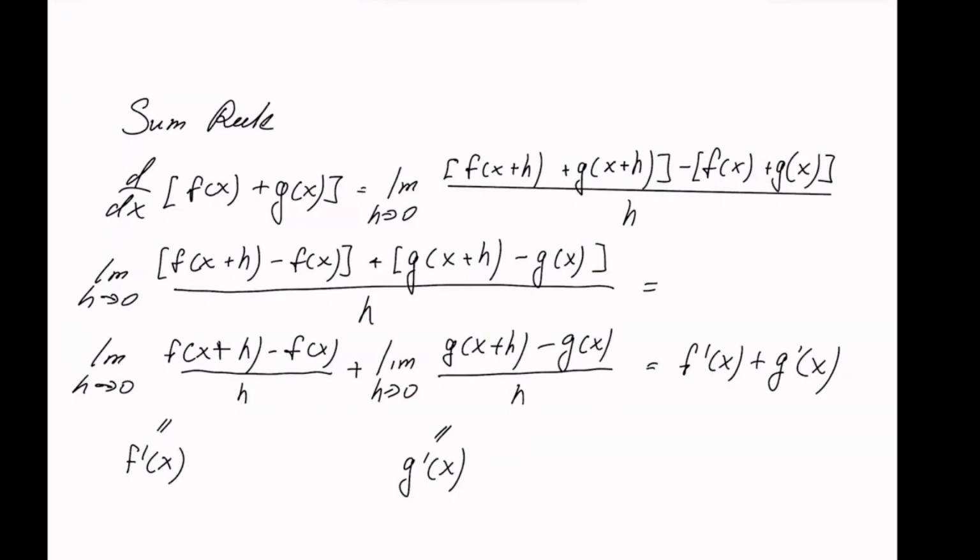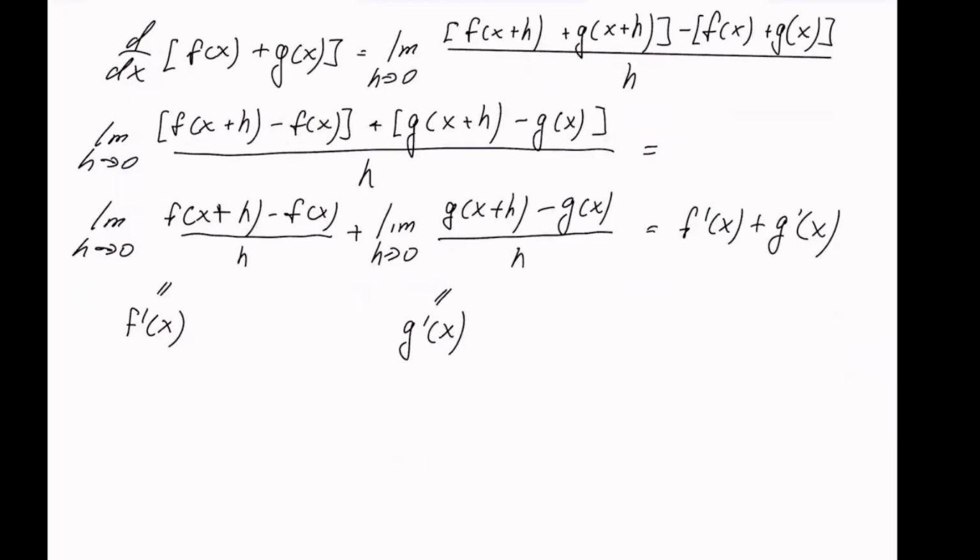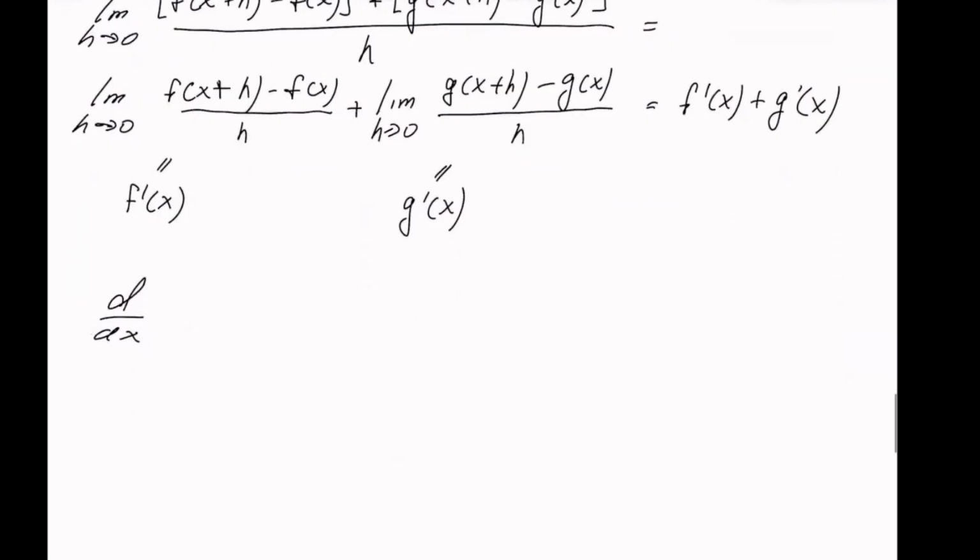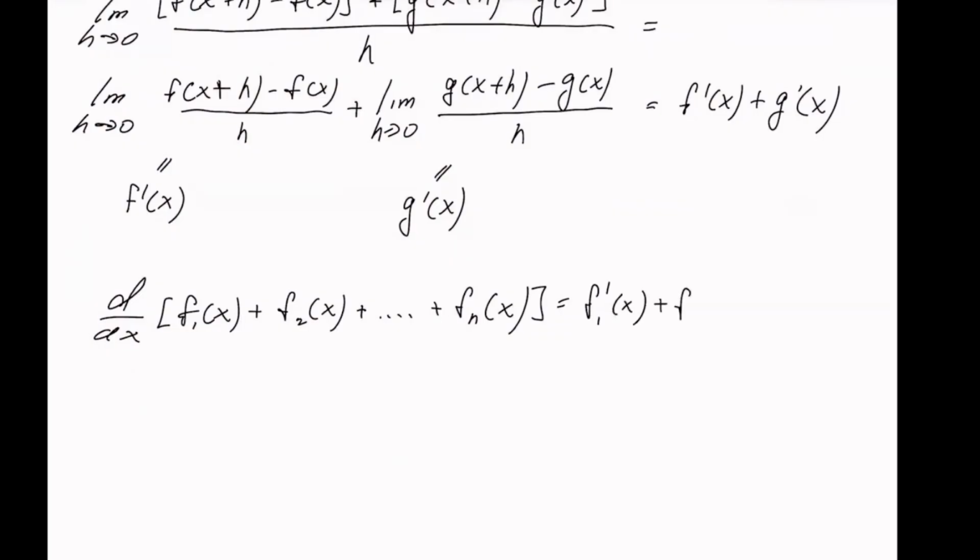In fact, it can be extended to any finite number of functions, giving us the generalized sum rule, which is d dx of f1 of x plus f2 of x plus up to fn of x, equal to f1 prime of x plus f2 prime of x plus up to fn prime of x.